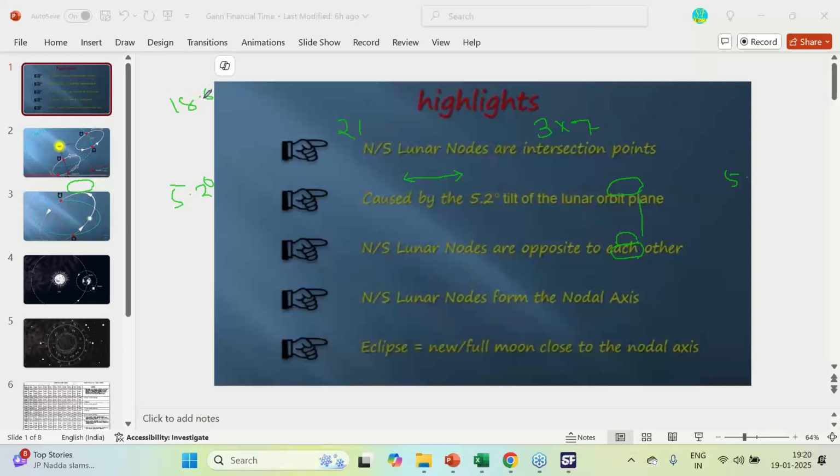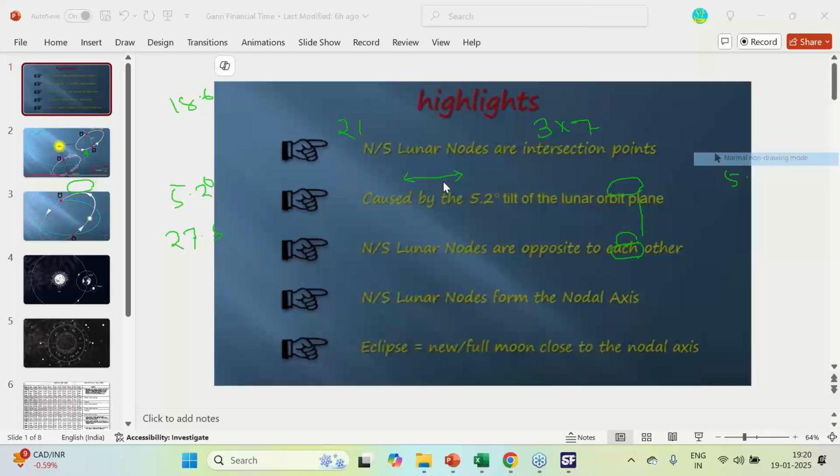Every 18.6 years this plane changes its position. Then whenever it goes into a declination period, that goes with 27.5 degrees.